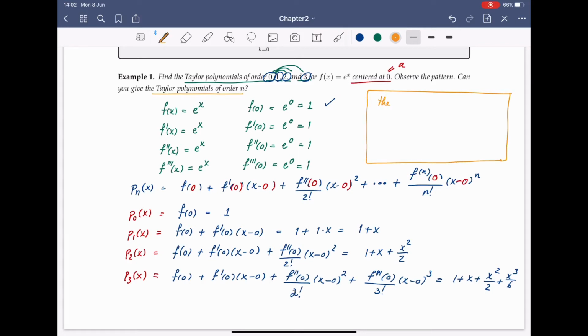The Taylor polynomial of order n, P_n(x), must be 1 plus x plus x squared over 2 factorial plus x cubed over 3 factorial, and then plus dot dot dot up to x to the n over n factorial. That is how to construct the Taylor polynomial of e to the x.